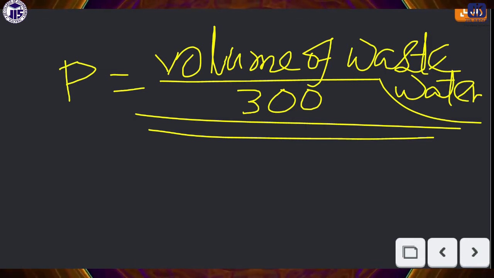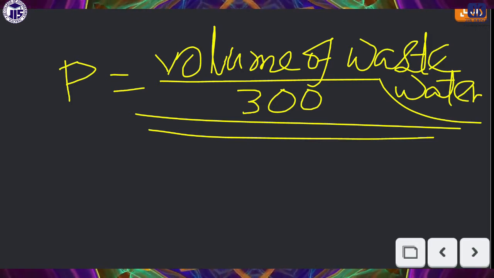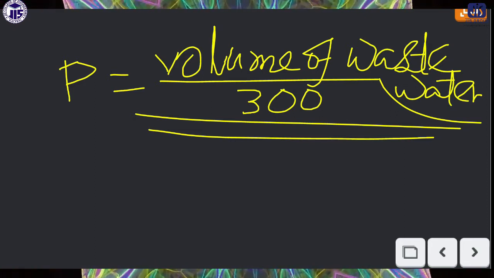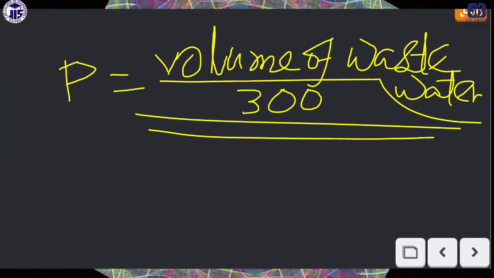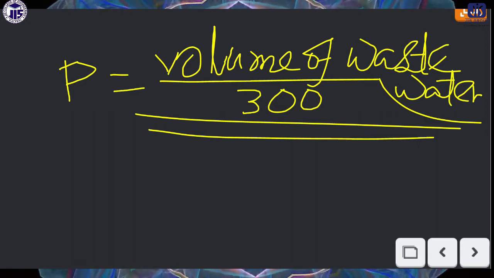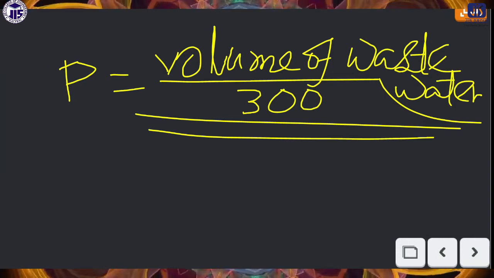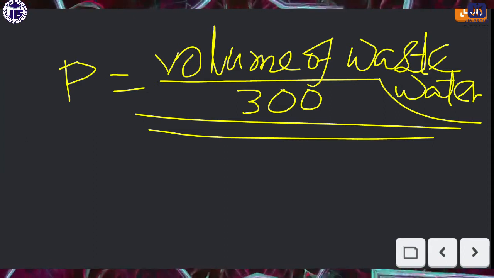But one thing you have to keep in mind: in this calculation of BOD 5, we have assumed that the water used for dilution has no BOD of its own. It is only possible if we use boiled distilled water and keep it airtight prior to addition.